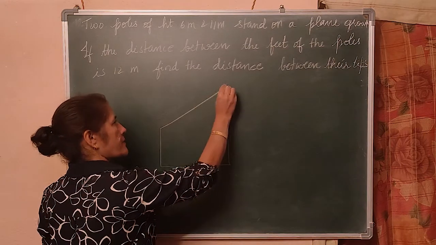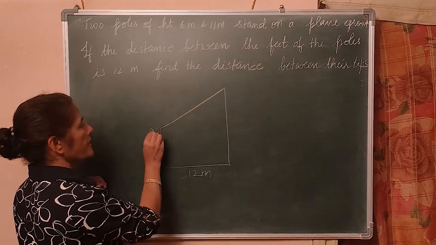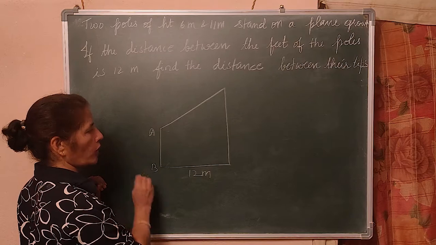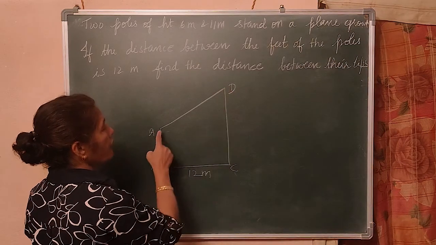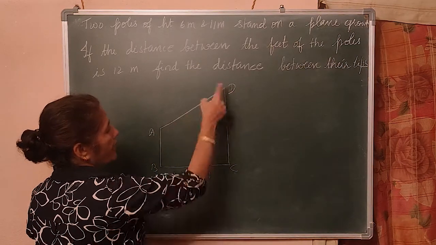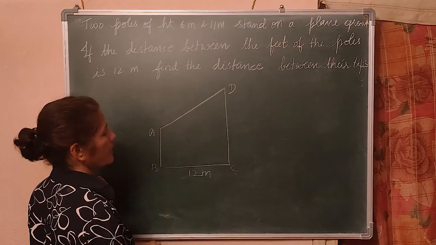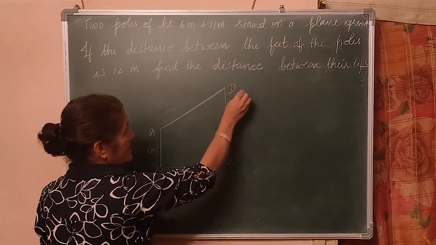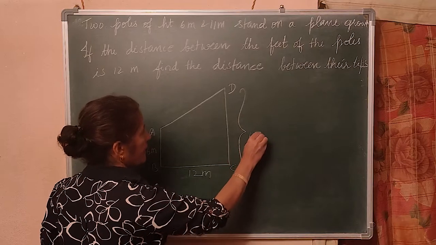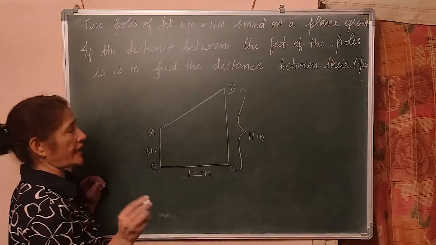See, these are the tips. Suppose AB is a pole and CD is another pole. I have to find out the distance AD. If this is 6 meter and this is 11 meter, let me do one small construction.